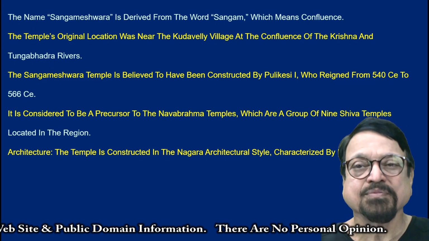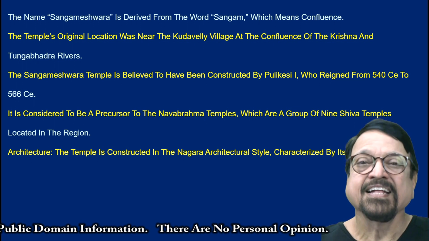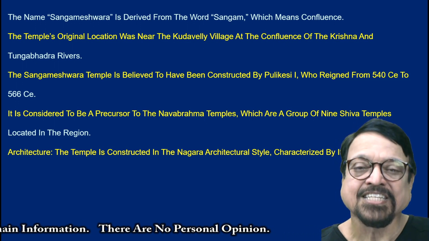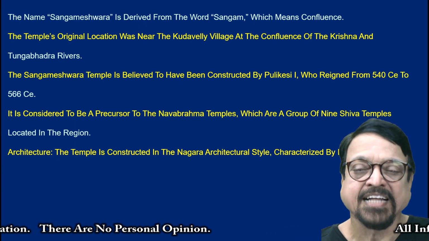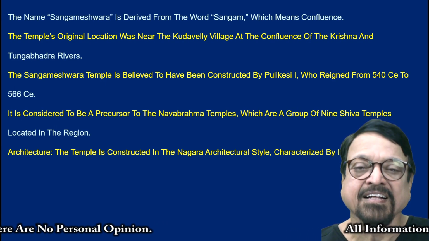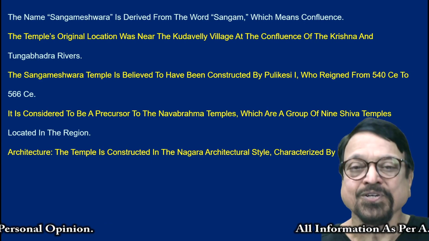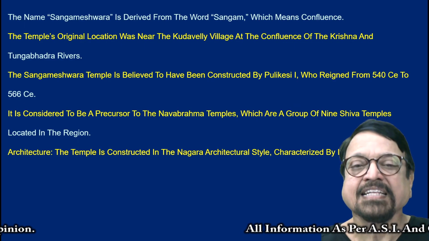Now the architecture of this present temple, Sangameshwar temple, is in the Nagara style. What is the Nagara style? Nagara style is a North Indian style. We have got videos on types of temples, that is Dravidian, then Nagara, and many others. This word Nagara is often pronounced as Nagara or Nagra.